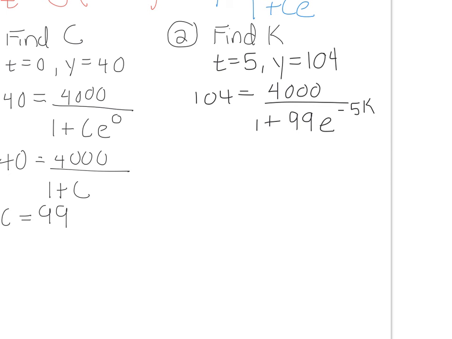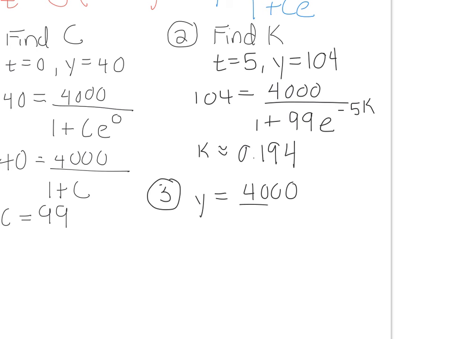I'm not going to step you through every little bit of solving, but you should be able to get to k is about 0.194, which would give us our completed formula. We would be able to write y equals 4,000, that's L, over 1 plus 99, that's C, e to the negative 0.194t. Great, that's our completed formula.